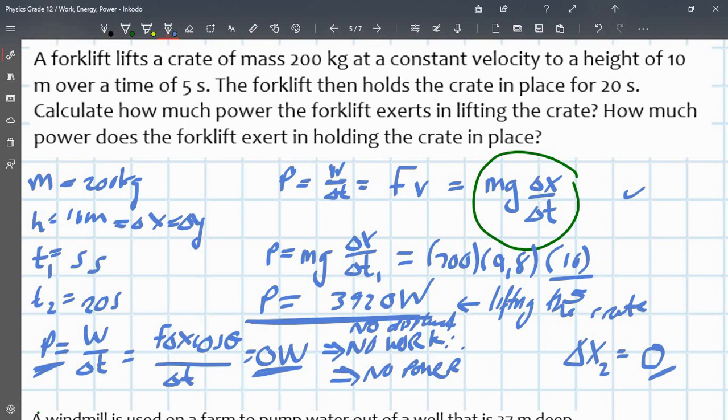Once you have the given information, just apply the values. So when the forklift lifts the crate, the power is 3920 watts, and when the forklift is stationary, then no power is exerted or expended.